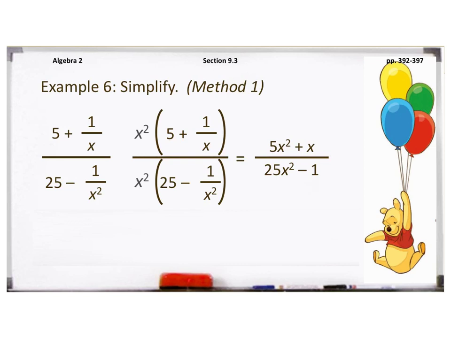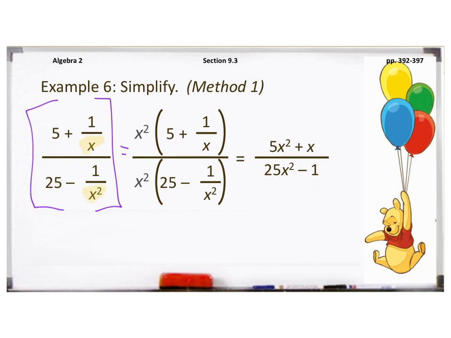All right, so here. Alrighty, whoops. This is our problem right here. And this is equal to, well, first, we're going to get rid of these two little denominators.